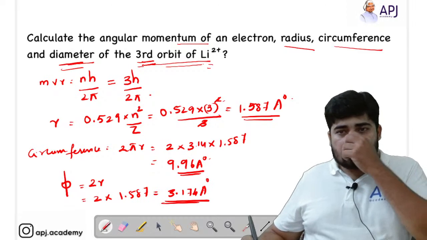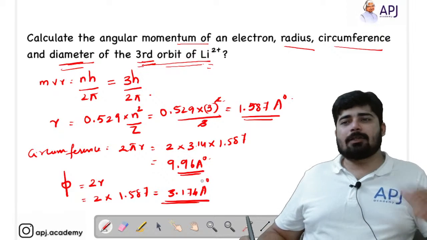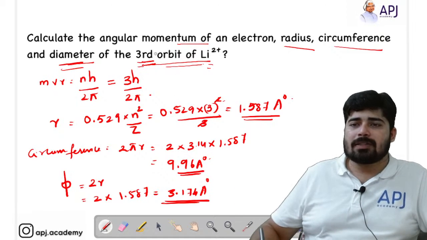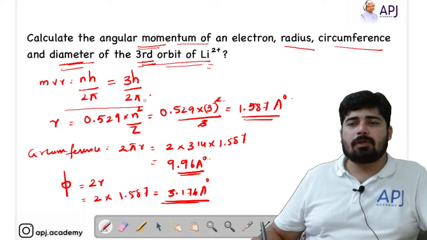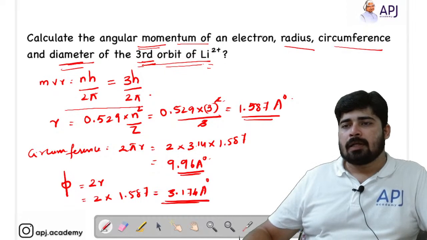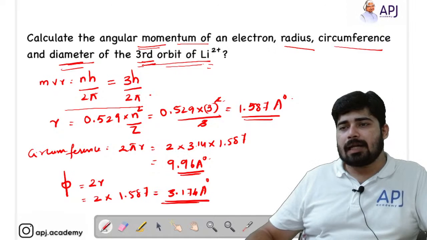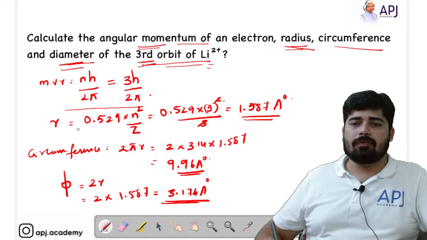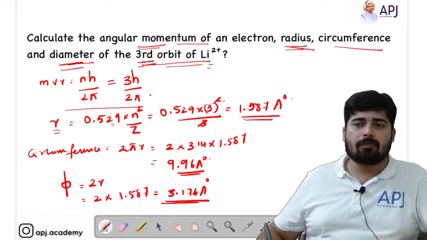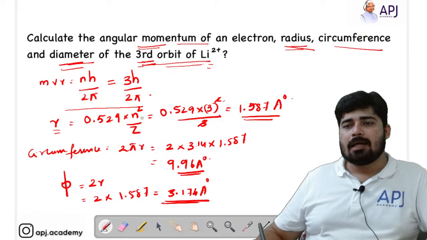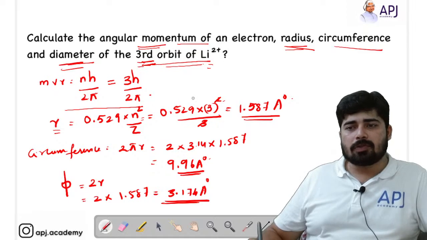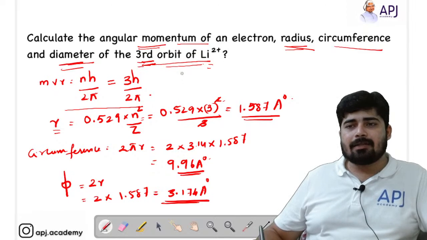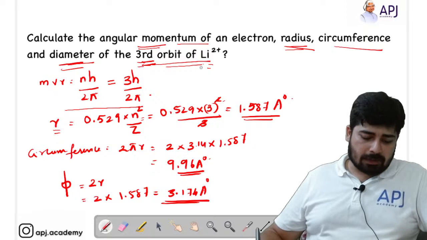So, hope this is clear, students. It's a very interesting question and it's a simple question. First, they asked about the angular momentum, and we know the equation is nh by 2 pi. Then they asked about the radius of the orbit, where r is equal to 0.529 into n square by z. n indicates the number of orbit, which is given as the third orbit, so we substituted 3, and the atomic number of lithium is 3.